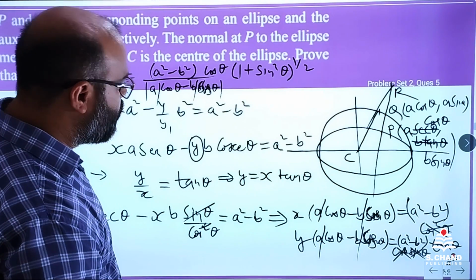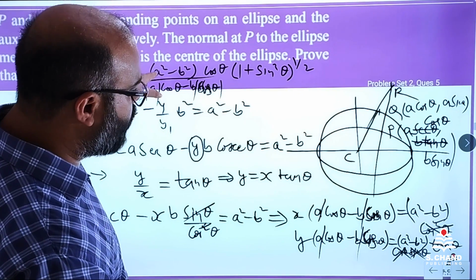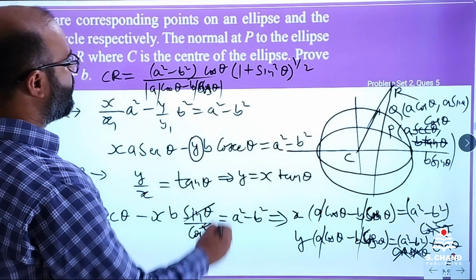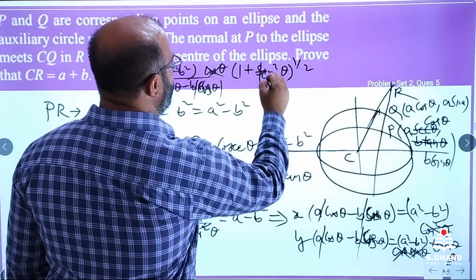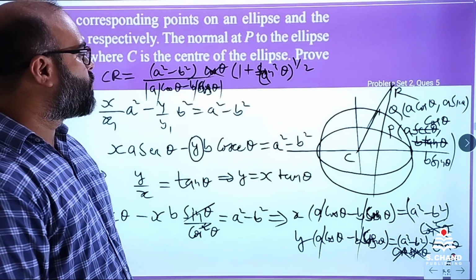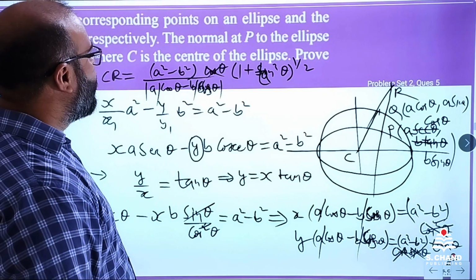Now if you see the calculation part here, a square minus b square, and this will become 1 plus tan square theta, right? So this cos theta won't be there, this will be 1 plus tan square theta, and under root of that, 1 plus tan square theta is sec square theta, and under root of that is sec theta.